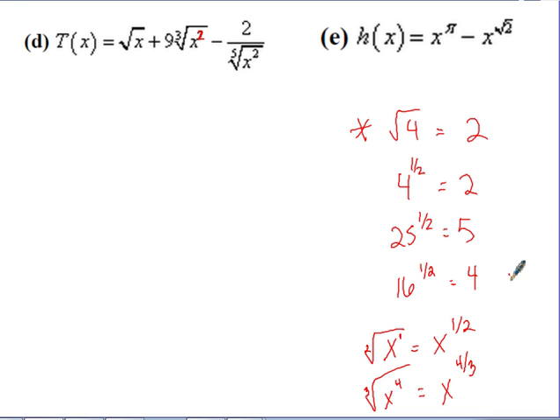The rule is this. The m-th root of x to the n is the same thing as x to the numerator over the denominator. Okay, so whatever the root of the radical is, that is the denominator, and the exponent of the inside is the numerator.